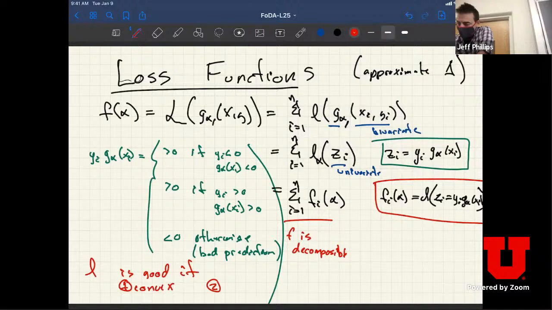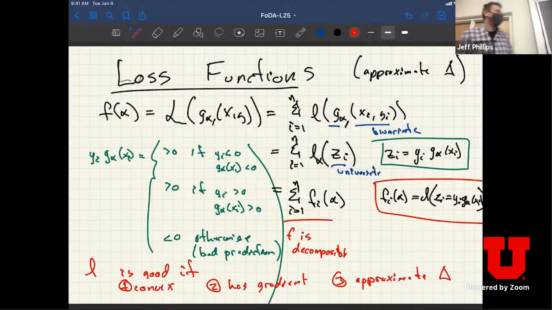Second, if it has a gradient, right? To run gradient descent, I need to be able to calculate the gradient. And third, if it's going to approximate, delta. I'll explain what I mean by this a bit more on the next slide.